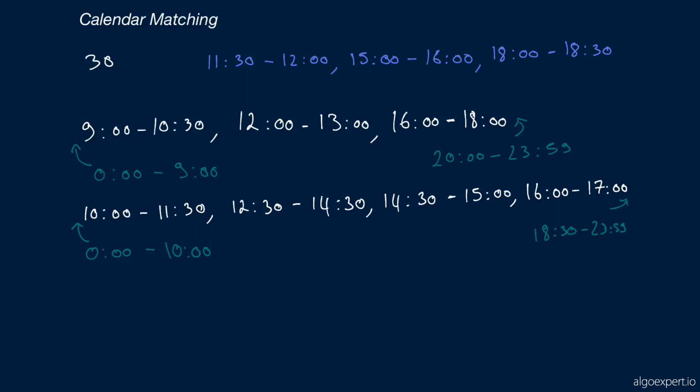But basically, we would put pointers at the beginning of both calendars. So we would have one pointer, I'll put them maybe in purple, right here under the first meeting, which was created based off of our daily bound. And we would have another pointer, we'll put this one in orange, under our other first meeting.